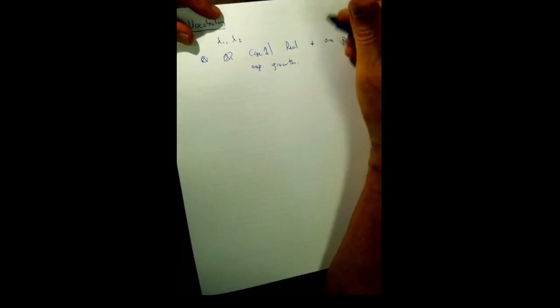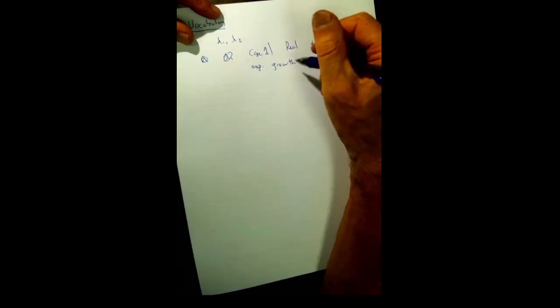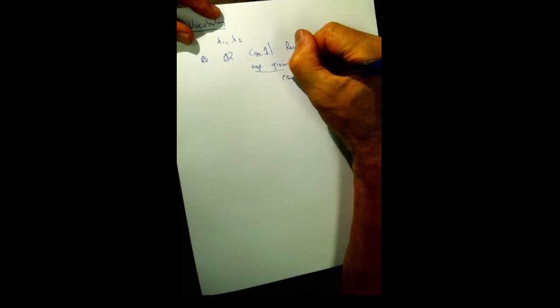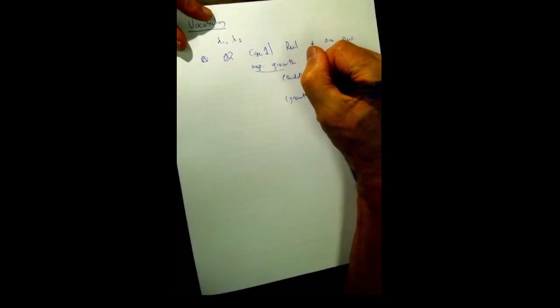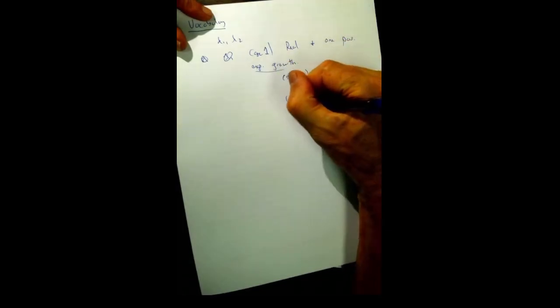In your book, your authors make the distinction between one being negative and one being positive. They call that a saddle situation. We can just call it growth. But just be aware, some people make a distinction between those things, and they say saddle if one of these things is negative and the other thing is positive. And if they're both positive, we're just going to say they grow, or some people will call it a source.